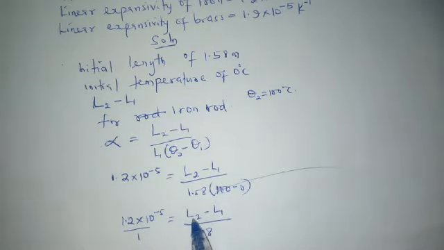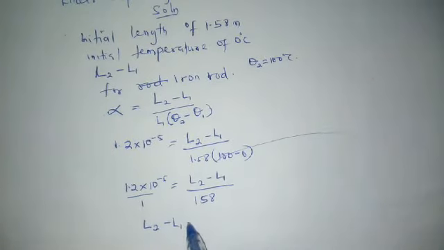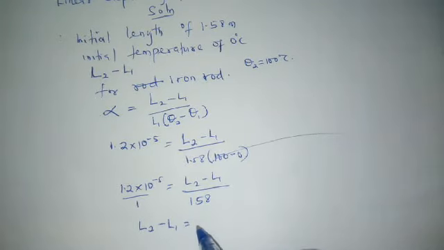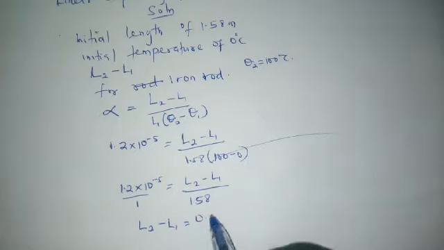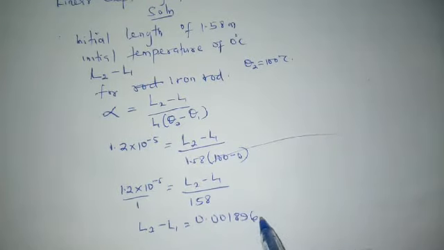Final length minus initial length times 1 will still give us L2 minus L1, which is equal to 158 times 1.2 times 10 raised to the power of minus 5, which would give us 0.001896.